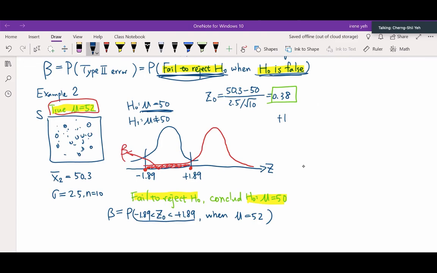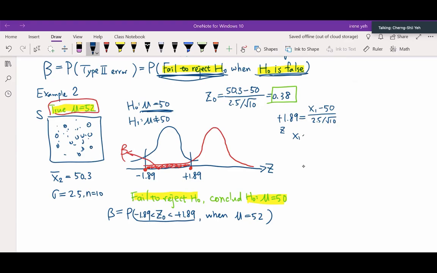Plus 1.89 is my z-value, and that is derived from an actual x1 value. Standardize it to the population mean, 50. Divided by sigma 2.5, divided by square root of 10.